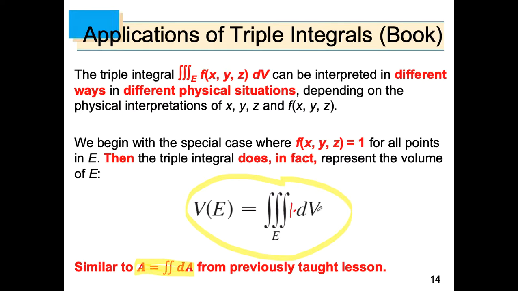Whenever you have a triple integral of 1 times dV, that simply is going to be the volume of whatever solid you're dealing with. So that, in fact, does find the volume for you.